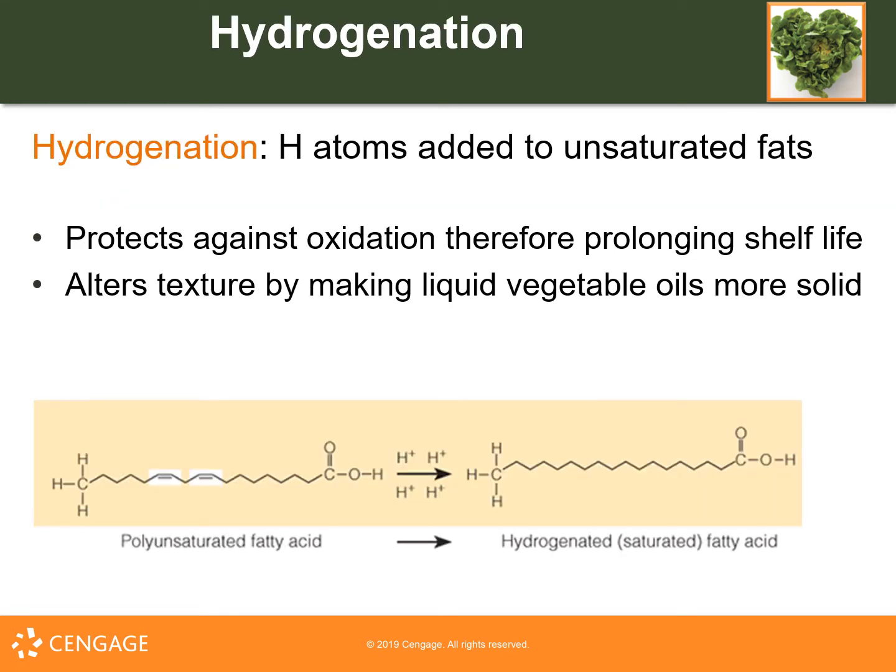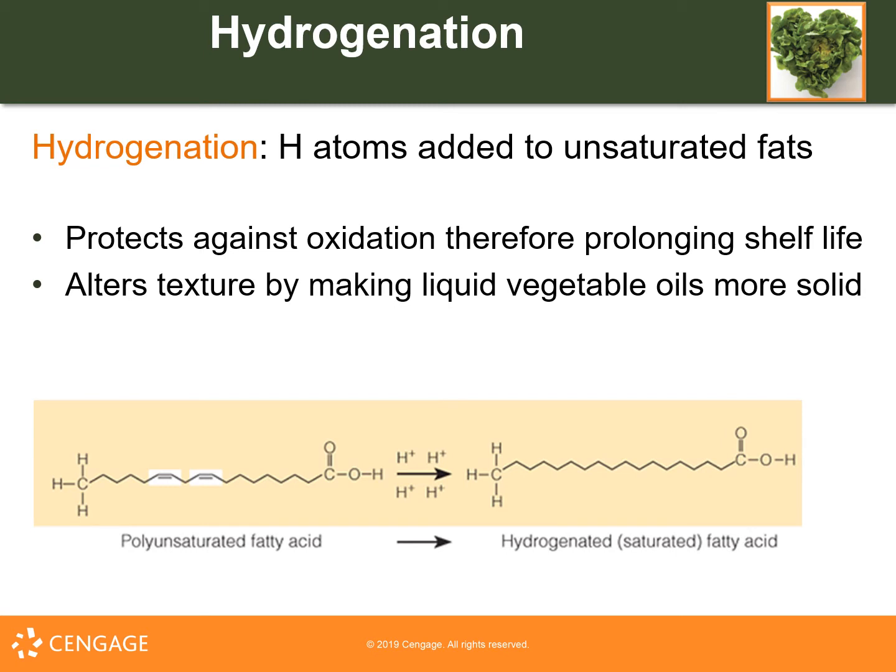Hydrogenation means some or all points of unsaturation become saturated by adding hydrogen molecules. Benefits include protecting against oxidation, therefore prolonging shelf life, and it alters texture by making liquid vegetable oils more solid.